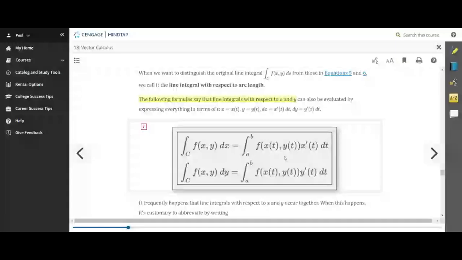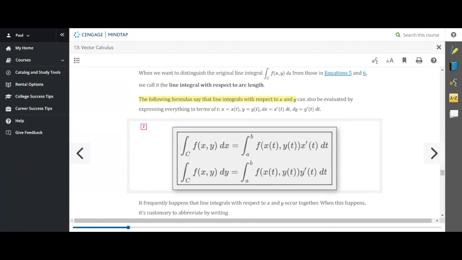If we are doing a line integral with respect to x, then ds equals dx. So in formula 7 there, we replace ds with dx, but that means then that of course dx is equal to x prime t dt.